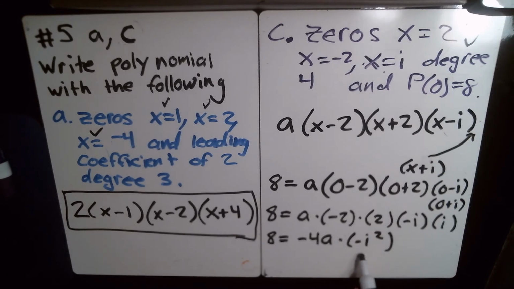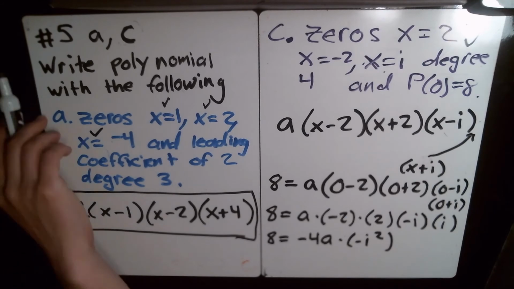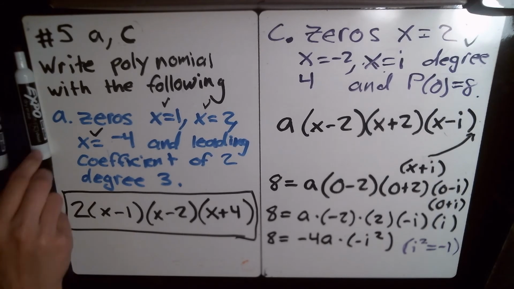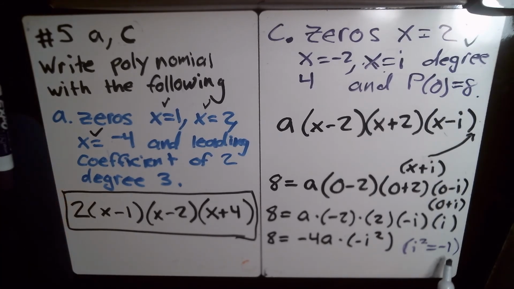If you remember, what is i squared? Well, by definition, i squared is negative 1 because i is the square root of negative 1, right? So i squared is negative 1, so negative i squared would be positive 1, okay?